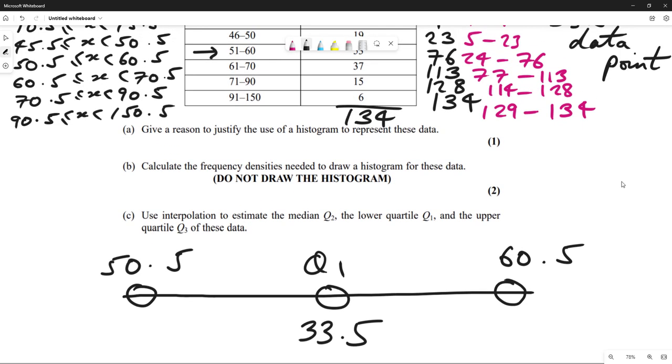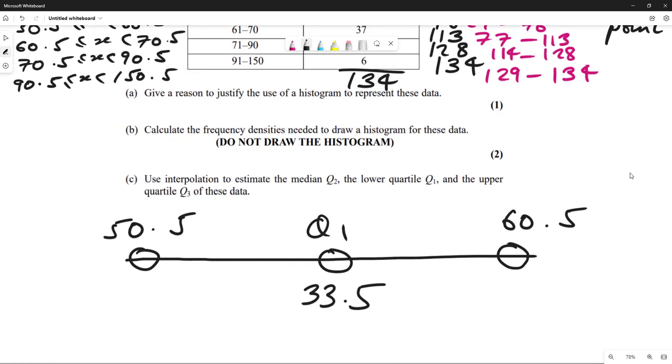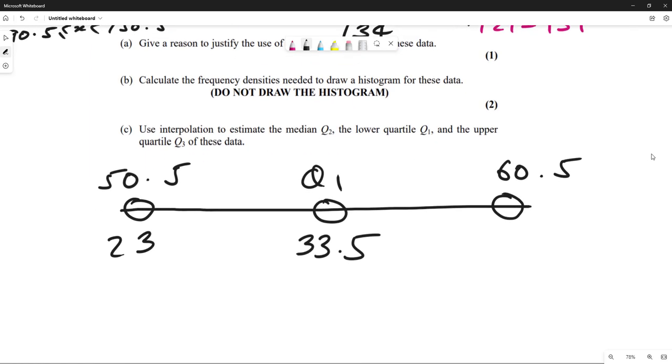That contains the lower quartile. Now, what's the sum of all the values up to 50.5? We can see it's 23 from our cumulative frequency column, so we write that in our diagram. And we want the sum of all the values up to 60.5, which is 76 on our cumulative frequency column. So that goes here.